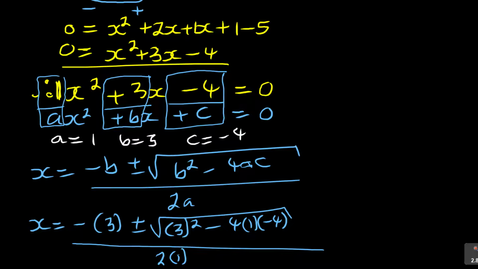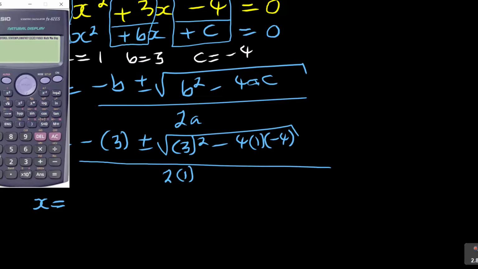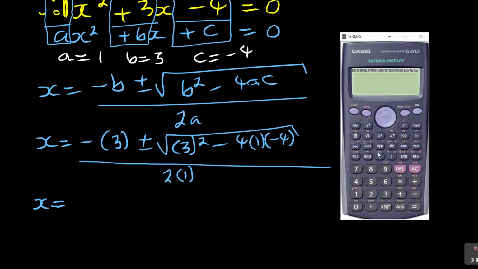Guys, I know some will be like, but you can't use this, it's too long. It's up to you, but I always encourage those who don't want to make errors and need those 3 marks, please go through this route. I know it, because students always make errors when they factorize.